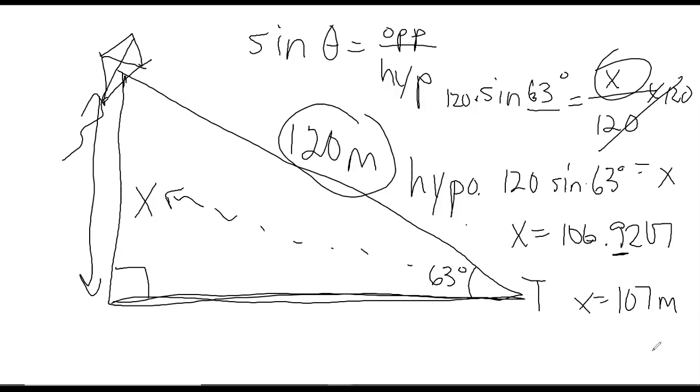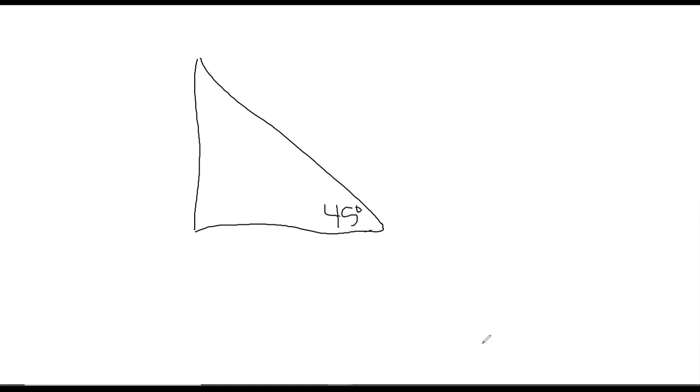So let's take a look at number 2. 2 says find the sine of a 45-degree angle, but use your calculator only to check your answer. What? A 45-degree angle? I want to know the sine.